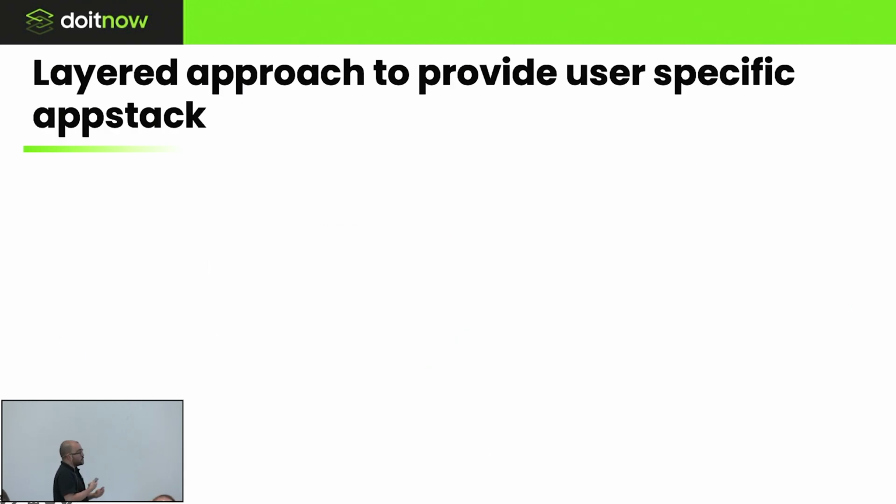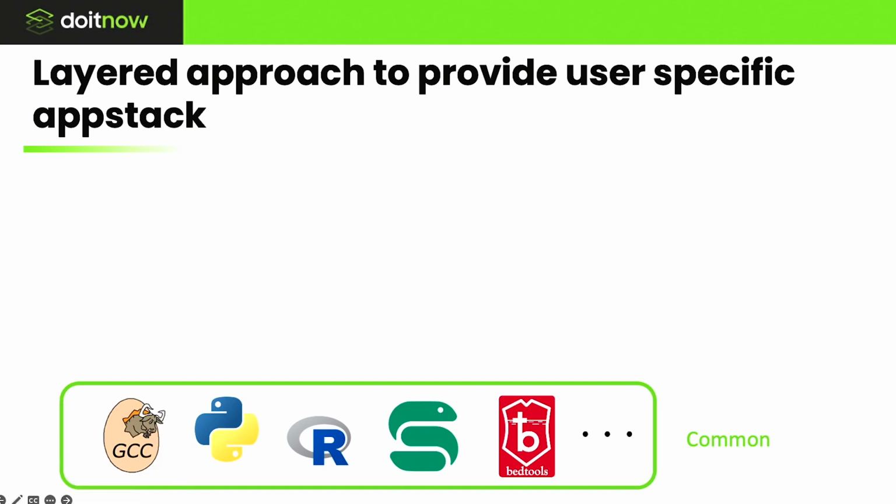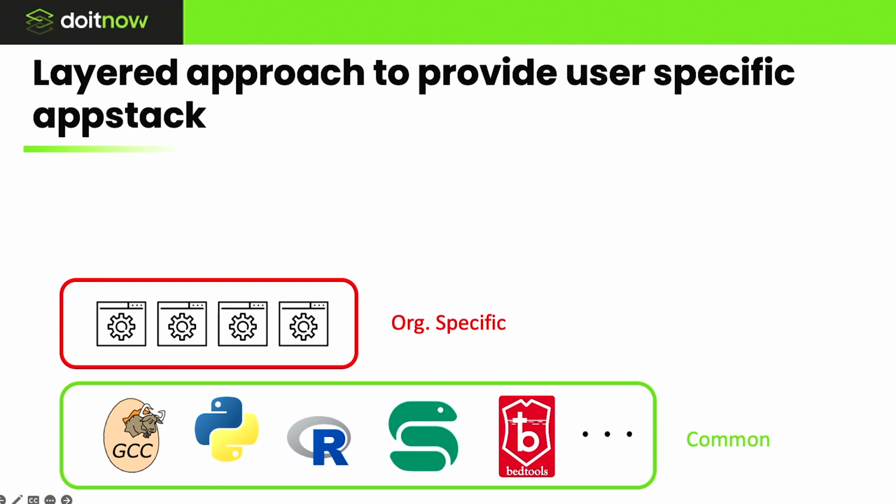So how will the users use this Appstack? As I mentioned previously, we rely on LMOD, a modules tool. So this is a common case. We have a set of applications in the common Appstack, which is free open source software: the compilers, Python, R, Snakemake, whatever. And then the users can use organization-specific software, a subset of applications just for their group.